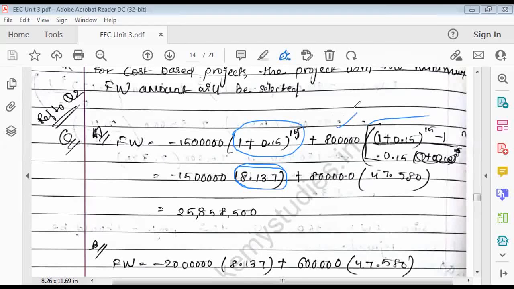Because 8 lakh is not a single time return, rather it is a recurring return. You expect to get this every year for the next 15 years. So 8 lakhs times the second formula. Again the same piece of advice: remember this value, ((1 plus r) whole to the power t minus 1) whole divided by r. Compute and remember the value, which is 47.580, and you can simply multiply that for B and C.